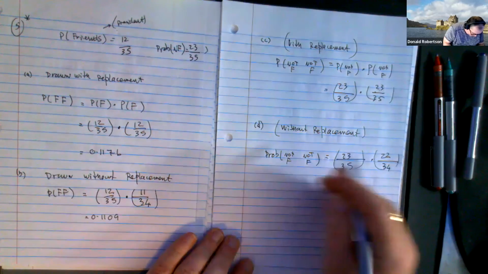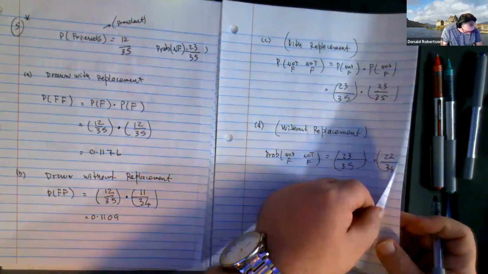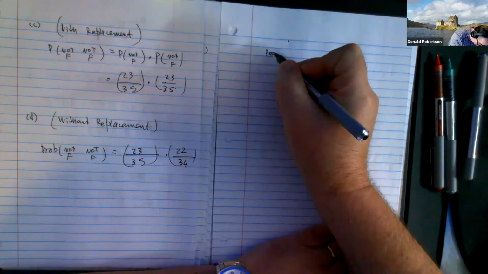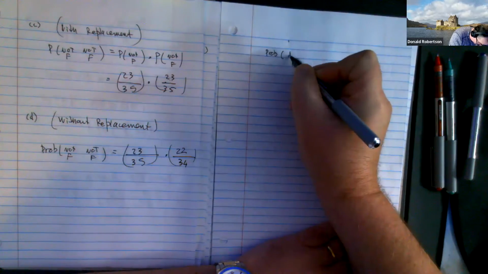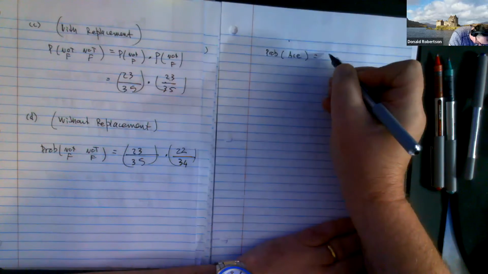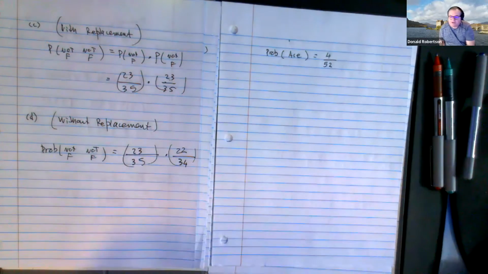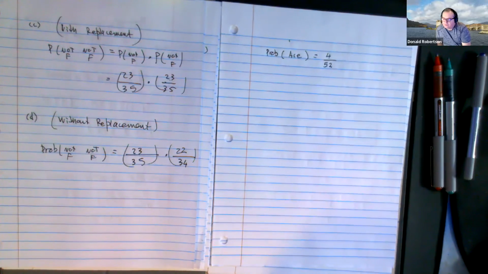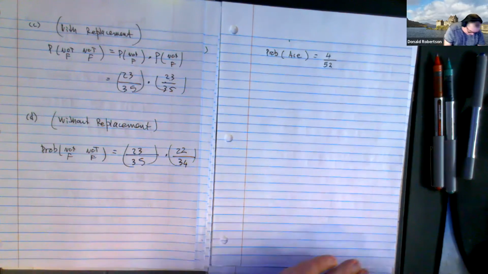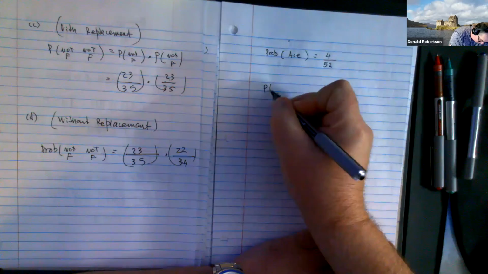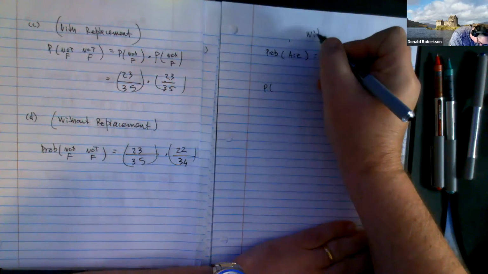So a similar situation I'm going to do with cards. If you pick only one card, the probability that you get an ace is 4 out of 52. Agreed? 4 aces out of a deck. Let's do what typically happens with cards.